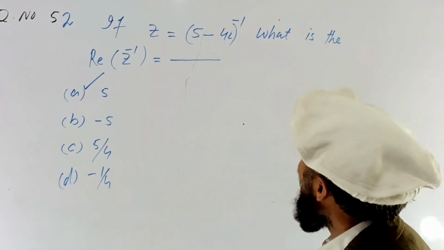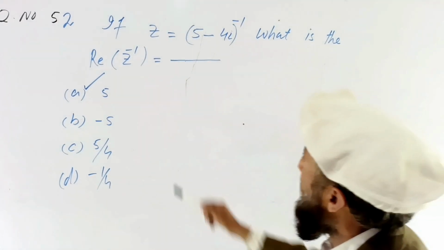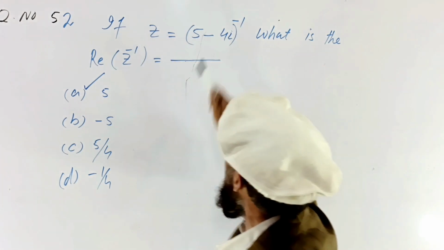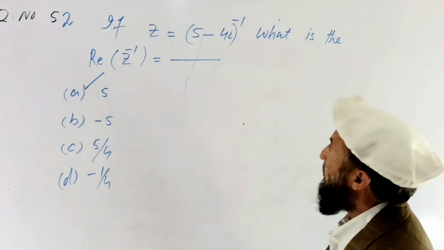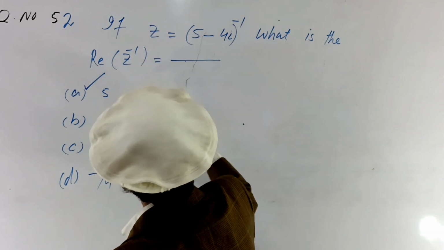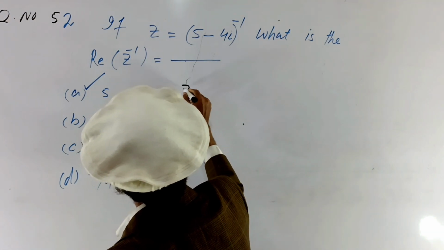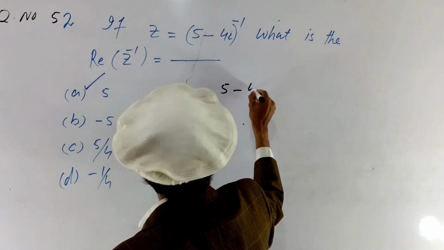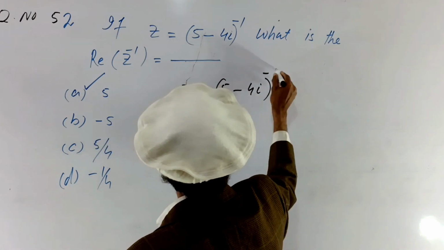How? Look here: z inverse is required, and z is given as 5 minus 4 iota whole power minus 1.